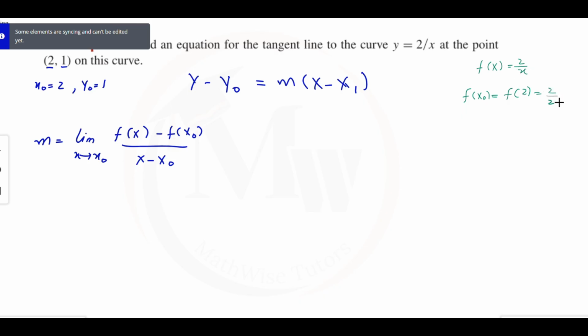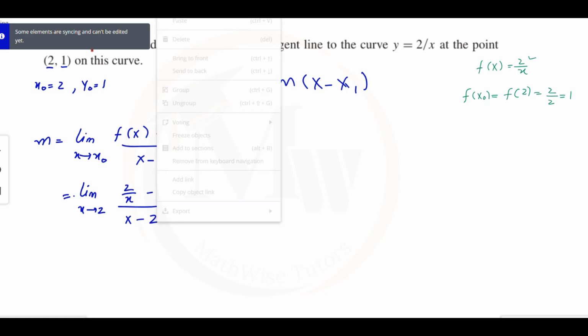So 2 by 2, which is equal to 1. In place of f of x we plug 2 over x, and in place of f of x naught we plug 1. So it becomes the limit as x approaches 2, because x naught is 2, of (2 over x minus 1) over (x minus 2).